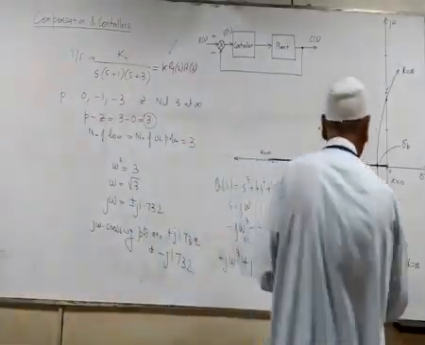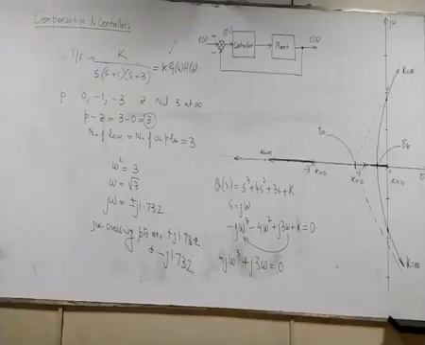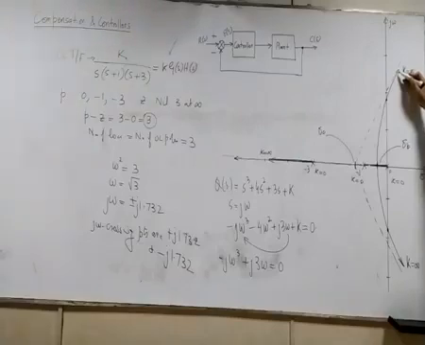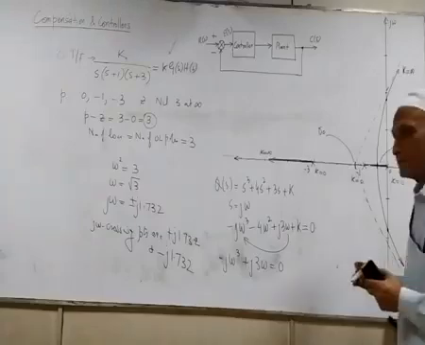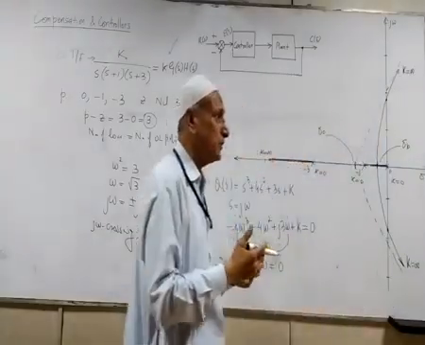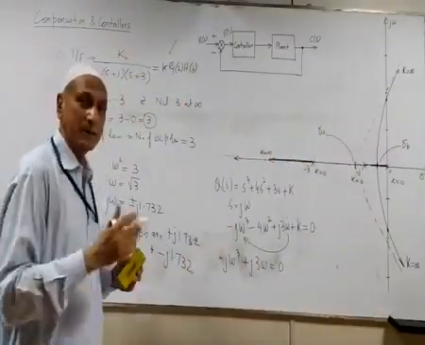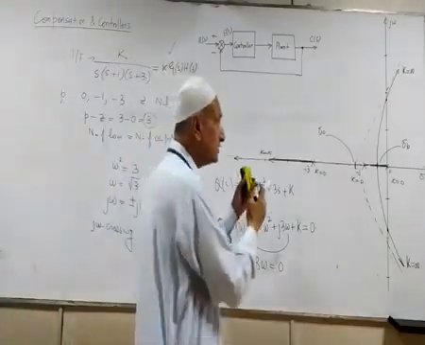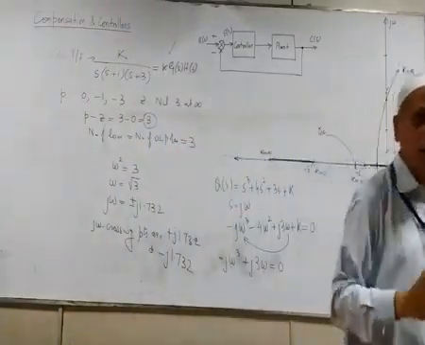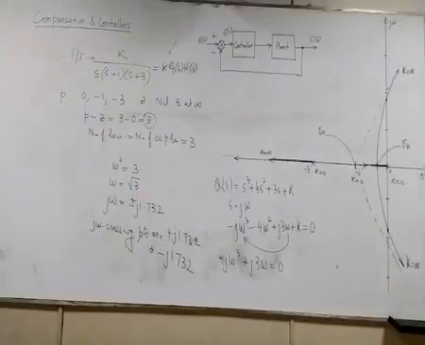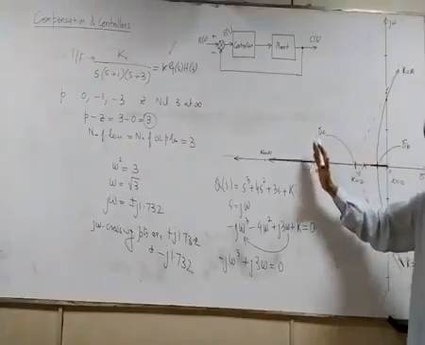Now just have a look at this diagram. Number one, the root locus says that the system is going into the unstable region, so you must be careful in choosing the operating point. And then secondly, it is shifted towards the right. If you have a look at the previous root locus, that was more towards the left.